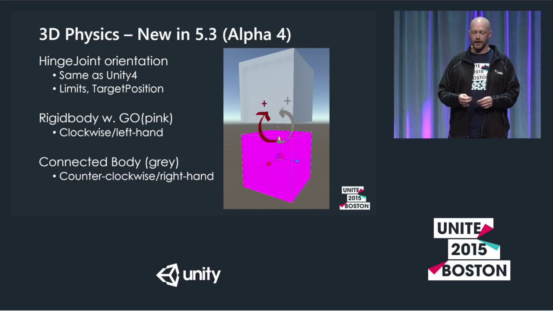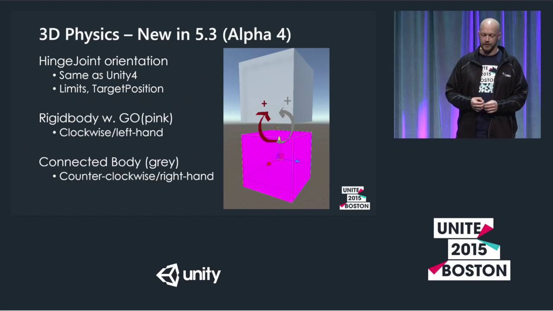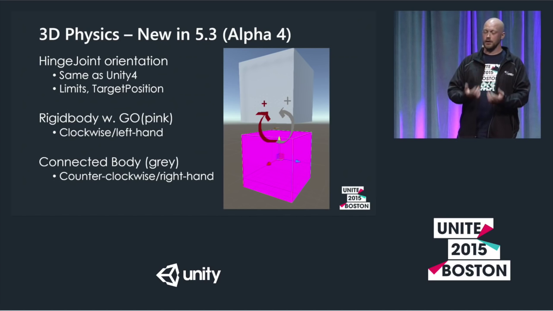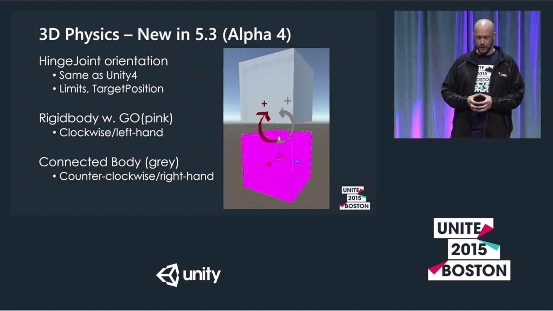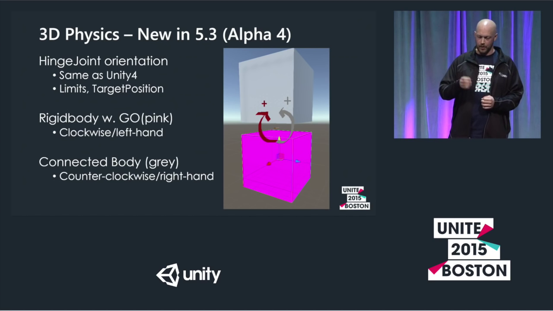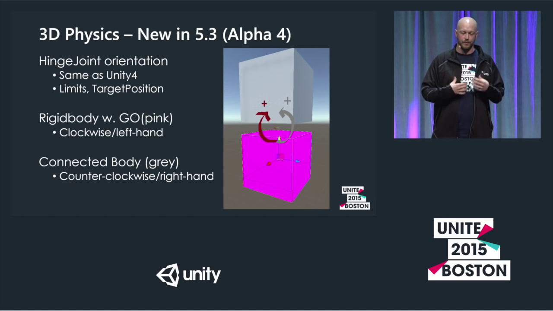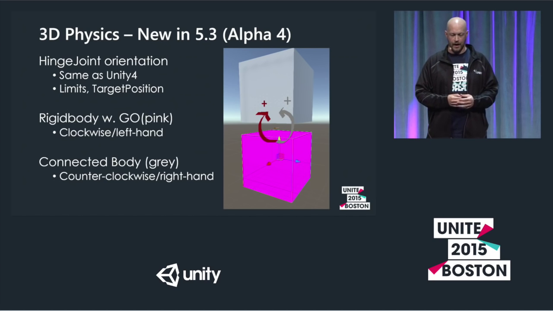So you can have from minus infinity to plus infinity target velocity on the hinge joints. What I've been working on is to make sure that, property for property, the hinge joints are now behaving and oriented in the same way as in Unity 4.